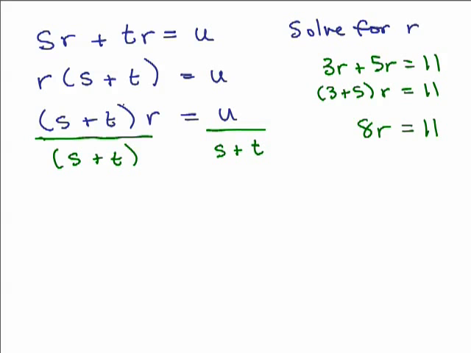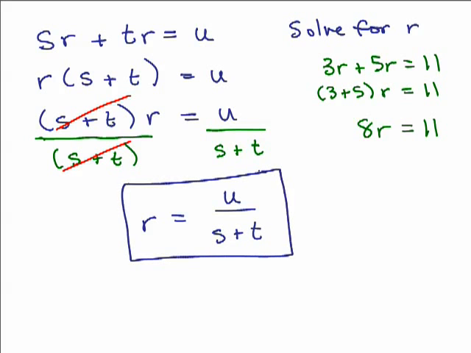I did here so you could see how those are going to cancel. So I have R equals U over S plus T. And I've already got the variable on the left side of the equal sign, so it's in a nice form.